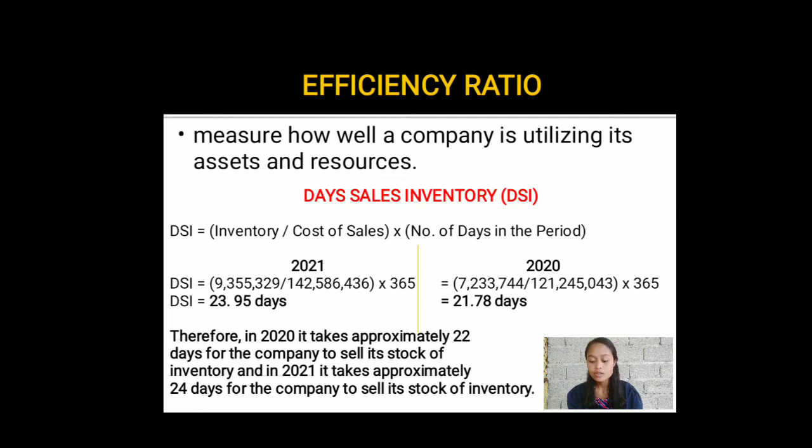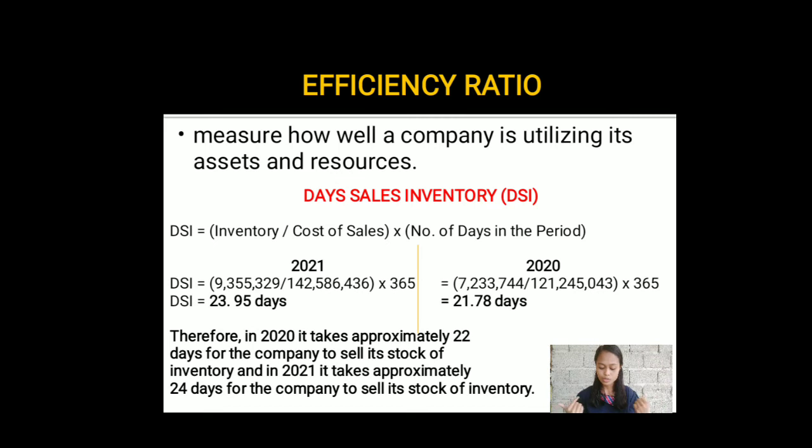21.78 days. For the year 2021, the inventory is 9,355,321 divided by the cost of sales of 142,586,436 multiplied by 365, which is equal to 23.95 days.